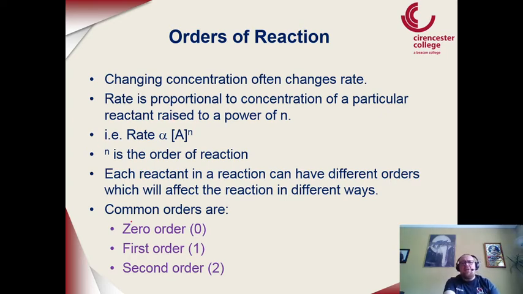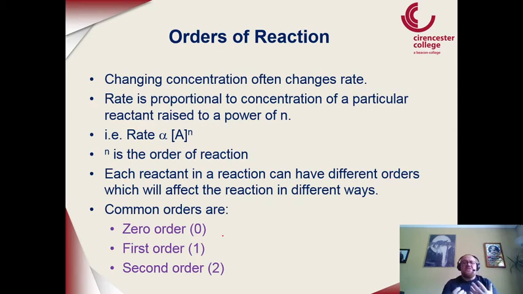If a component in a reaction doesn't take part in the rate determining step, so that slow step, it is zero order, because its concentration in that slow step does not matter. It's not going to change the rate of reaction. If one of them takes place in the rate determining step, it would be first order.